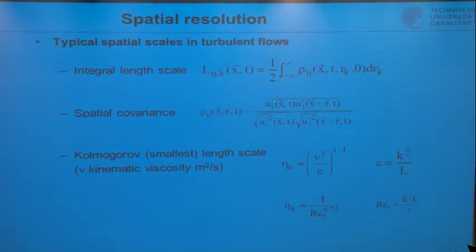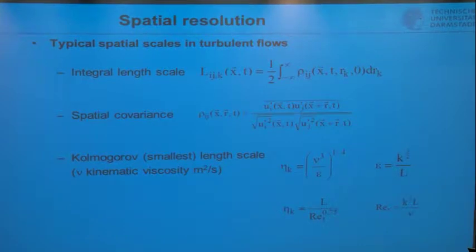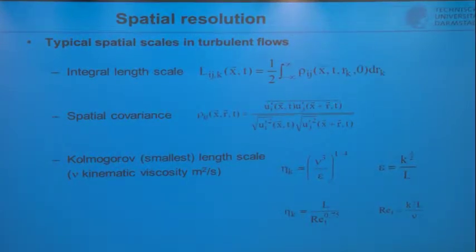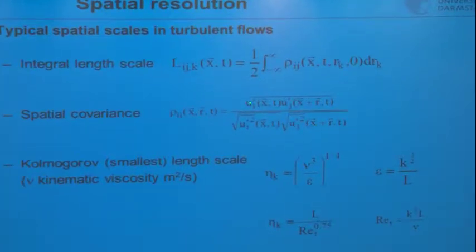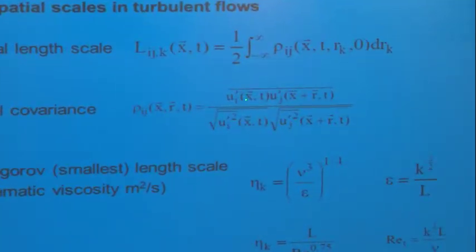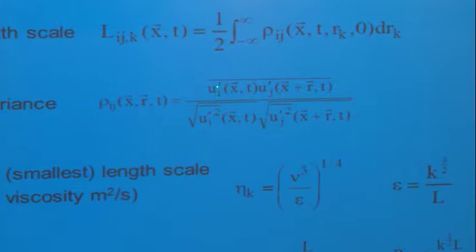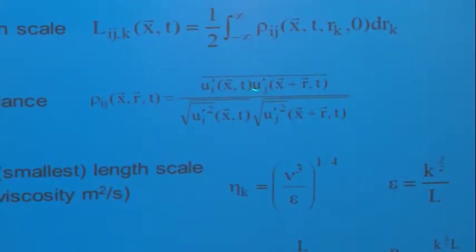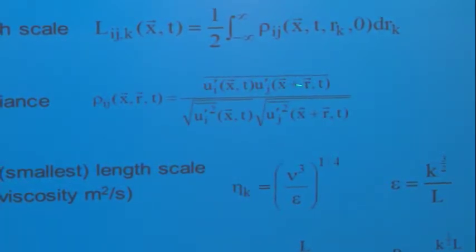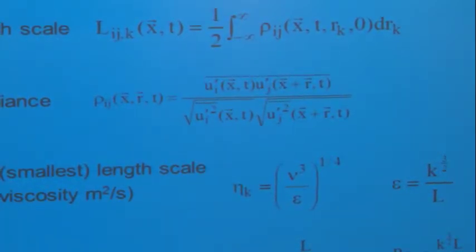That spatial covariance is a normalized value of the averaged product of the velocity fluctuation at a certain location x, let's say the axial velocity component, and, for example, the radial or as well the axial component, so you can have all mixtures, but measured at a location which is displaced by the distance r.